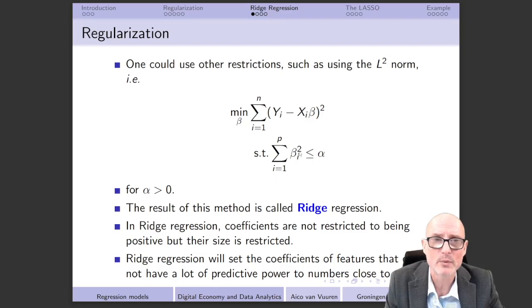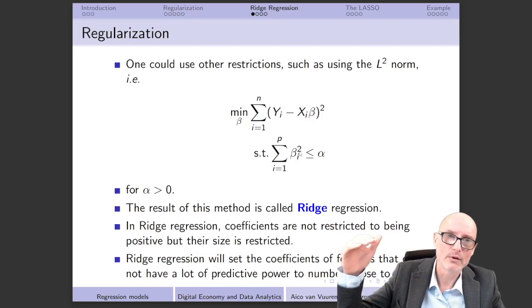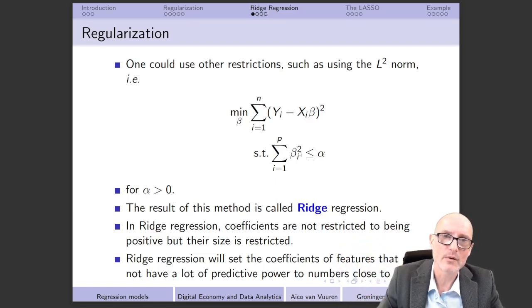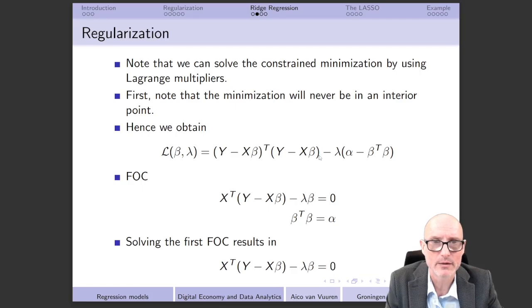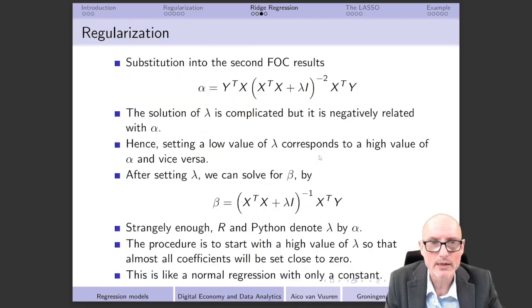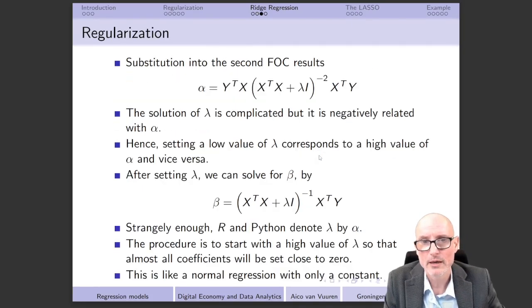Whereas at the moment that we have in Python a very low level with respect to alpha, that means a very low level with respect to lambda, that means essentially a very high level of this alpha that we have over here. And that means that we have a very unrestrictive regression.